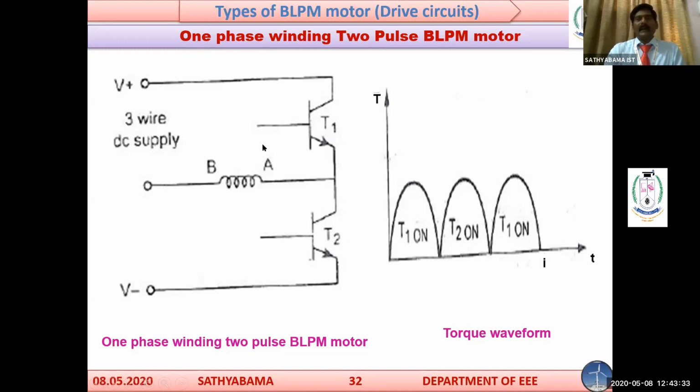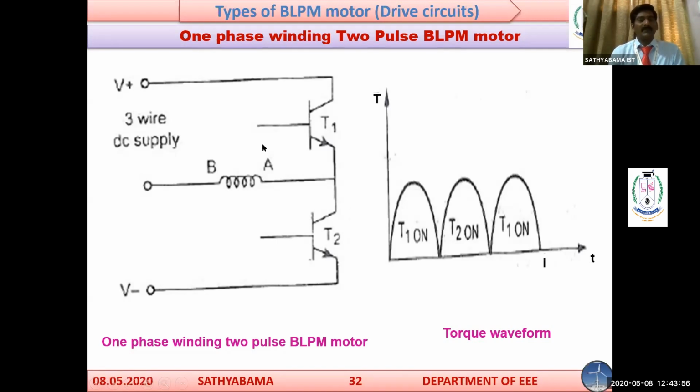Three-phase winding and three-pulse BLDC motor, which contains three-phase windings. Each winding is displaced by 120 degrees electrical. Each phase winding is controlled by a semiconductor switch, which is operated depending upon the position of the rotor, and three position sensors are required for this purpose.